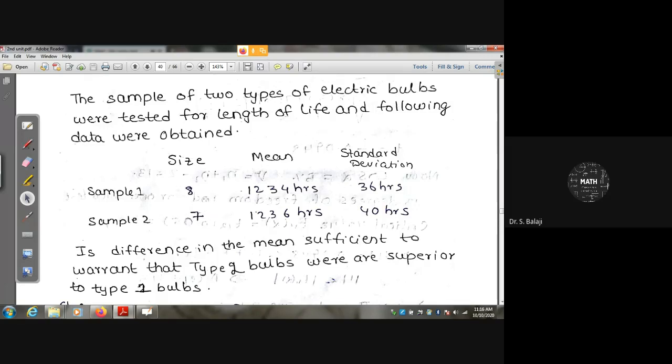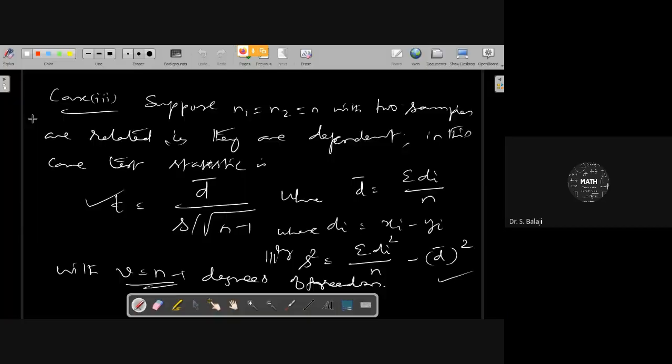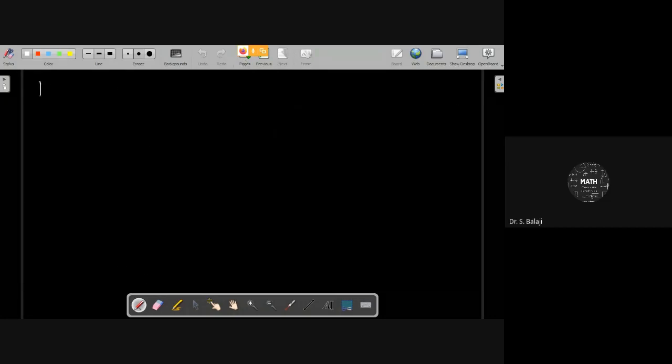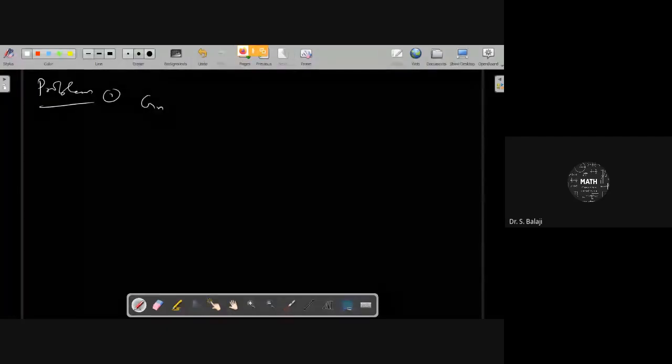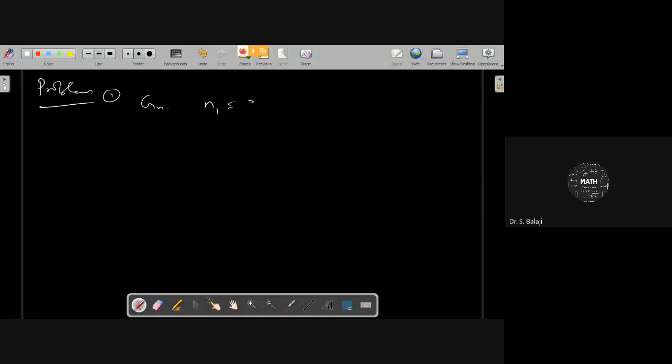What values are given? First, you write that here. In problem 1, given N1 is 8, N2 is 7.